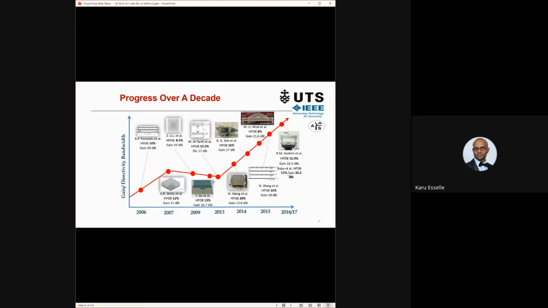We had antennas with a measured half power directivity bandwidth of 53%. Another PhD student extended it to 57%, with about the same gain. You can see the gain of this antenna is 20.2 dBi.